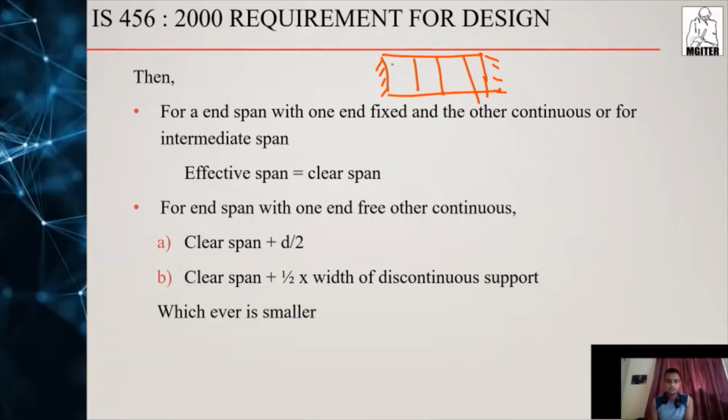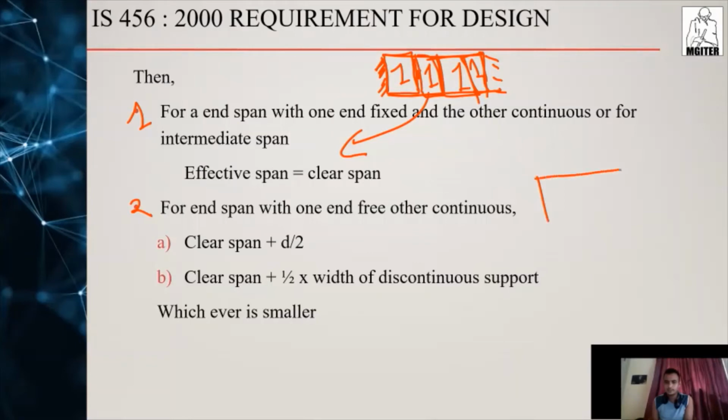Here is your slab, one end fixed, other end continuous. So this is condition 1, here is 2, here is condition 1, and these are the intermediate spans. So here also condition 1, and these are also condition 1. So by this condition, effective span is equal to clear span.